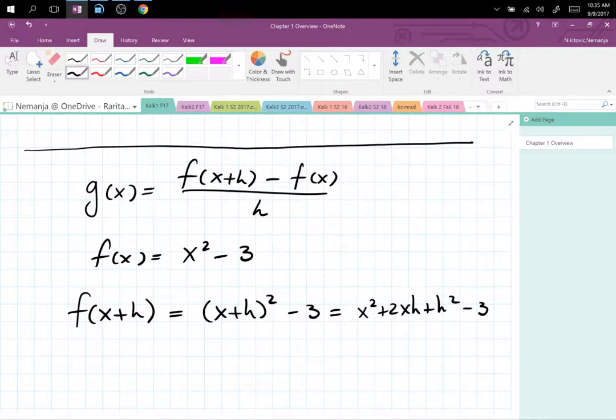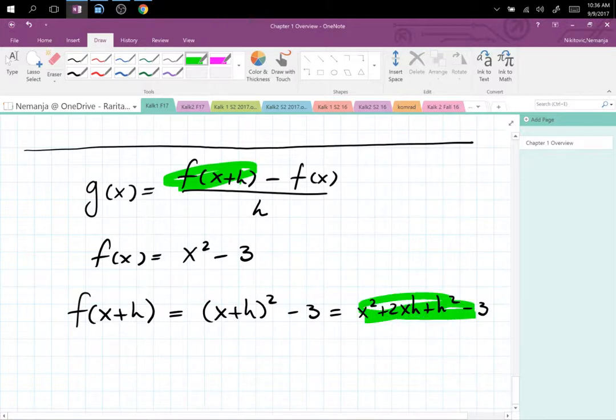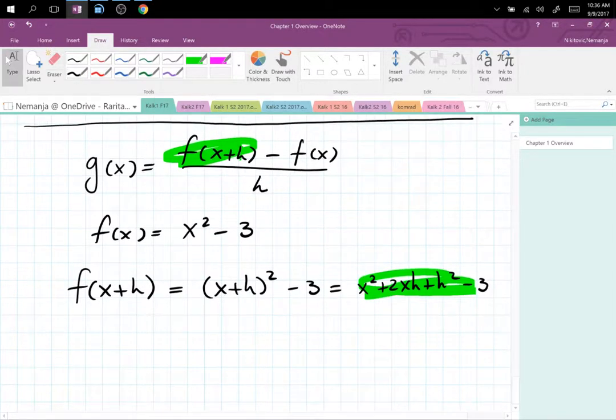I still have to plug everything in. Replace this now. I mean, we can color code if you want to. We replace this piece with that. f of x is what it is. And then divide by h to get to the final answer.